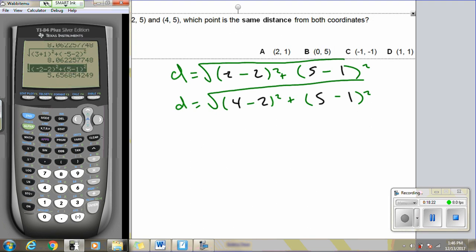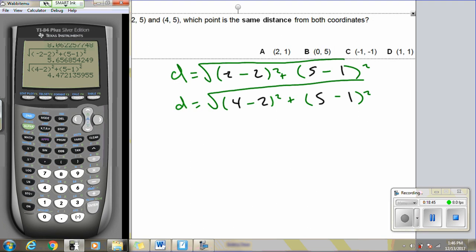Now I need to copy that one and just change the first number in each parenthesis. Delete the negative, type 4, and the second one is exactly the same. So these two distances are not the same.